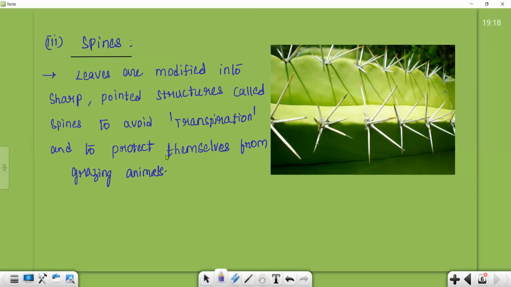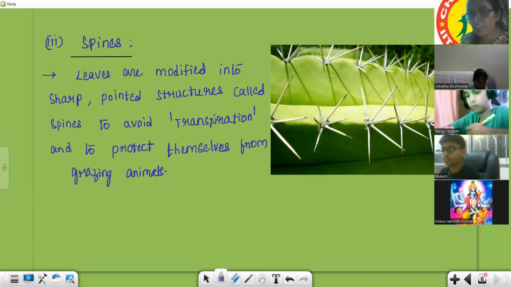Okay, so these are the modifications of leaves.